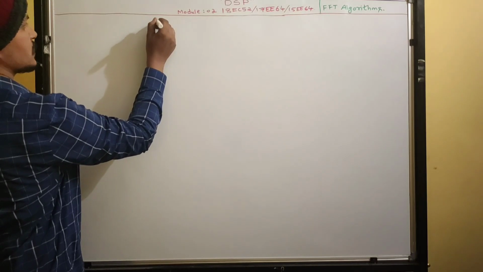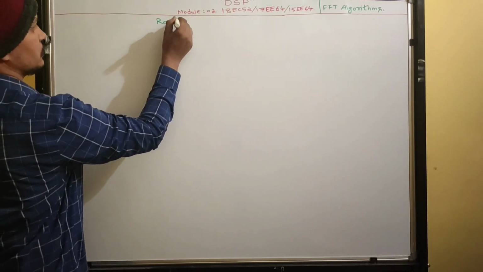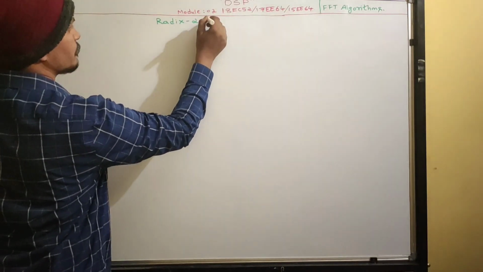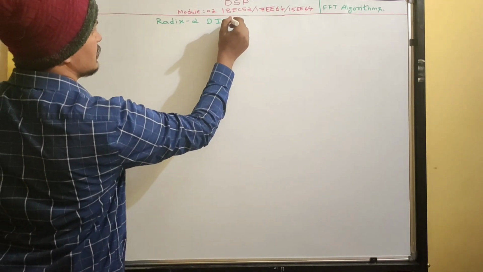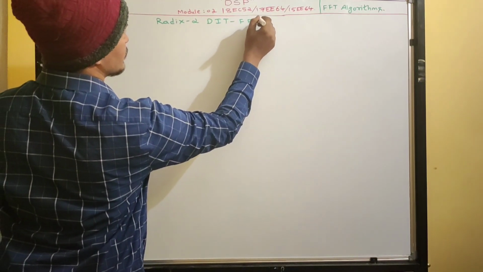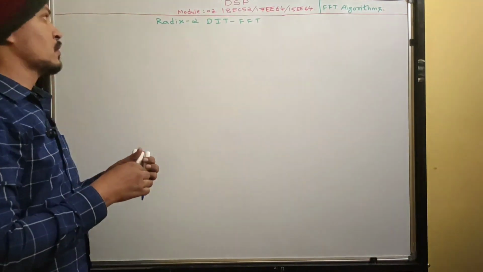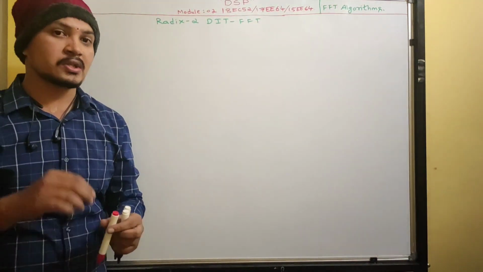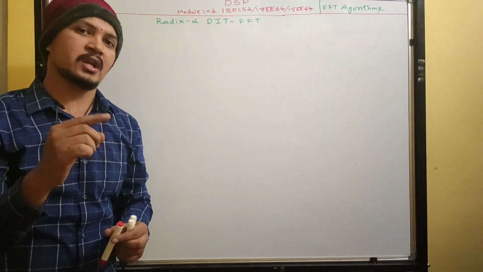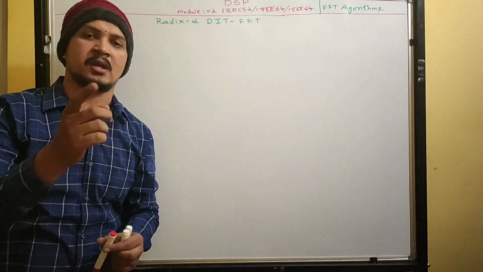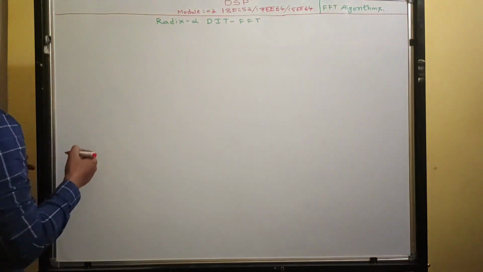Okay, now first one. So radix 2 DIT FFT, radix 2 DIT FFT. Guys, remember what I said, radix 2, what is it going to compute, DFT or IDFT? Yes, very good. It's going to compute DFT.